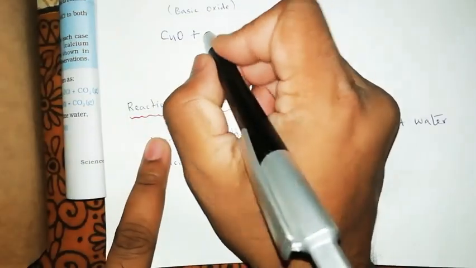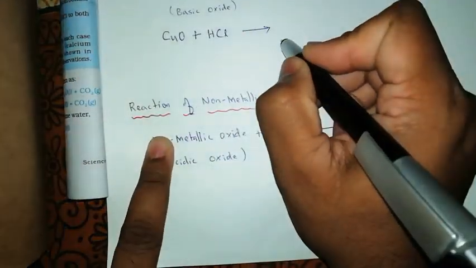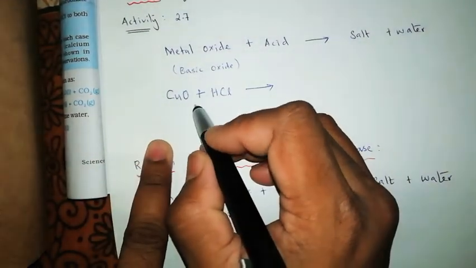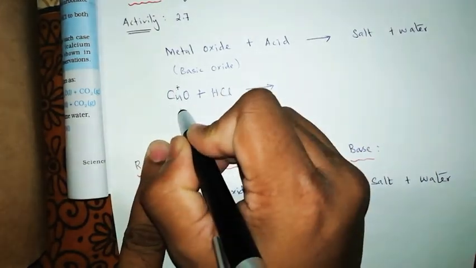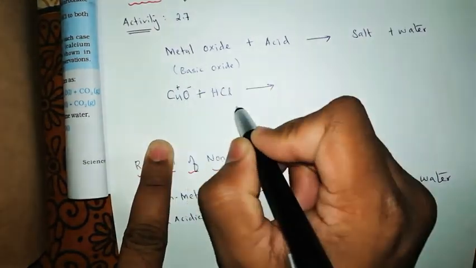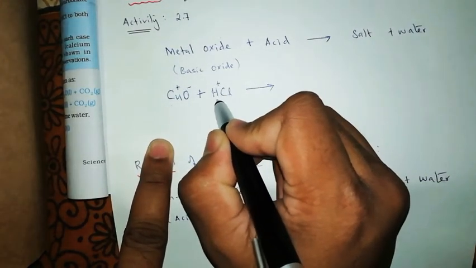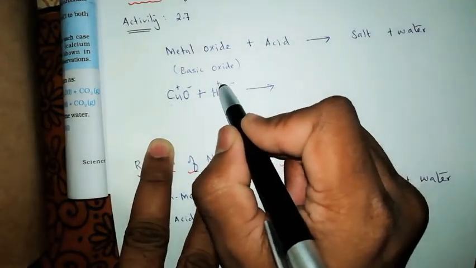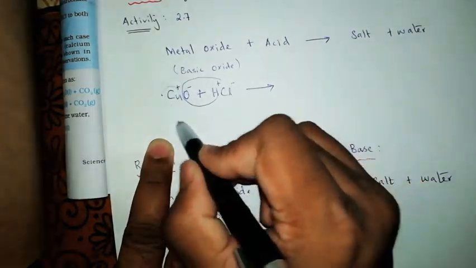So when we add dilute hydrochloric acid slowly into that, it gives, in other words, salt. What is the salt that is formed? Copper is positive, and oxygen is negative. Hydrogen is positive because it's an acid, H plus ions, and chlorine is negative. So what is going to combine? H and O are going to combine, and copper and chlorine are going to combine.